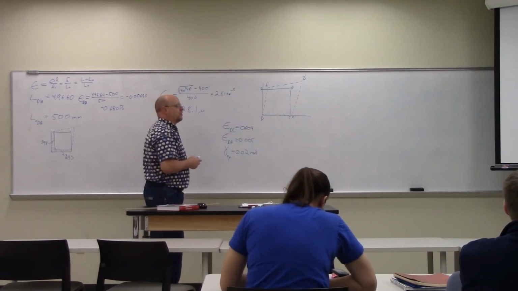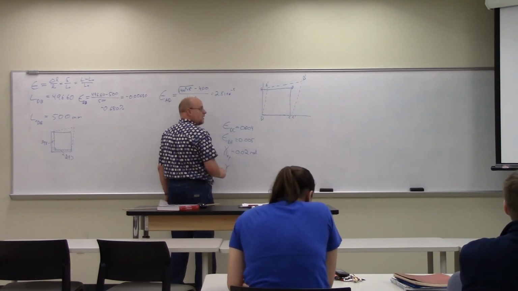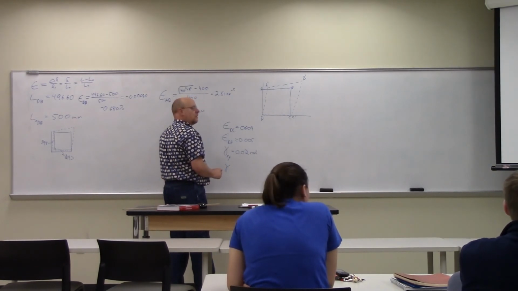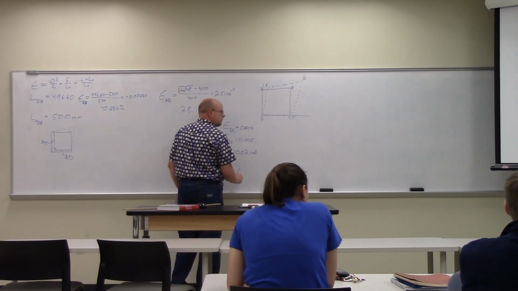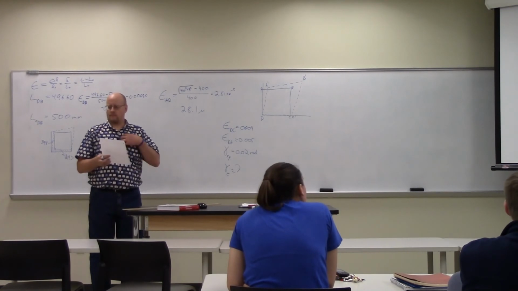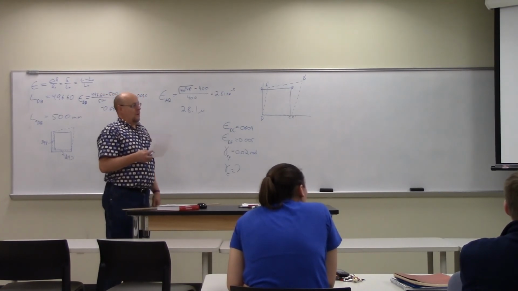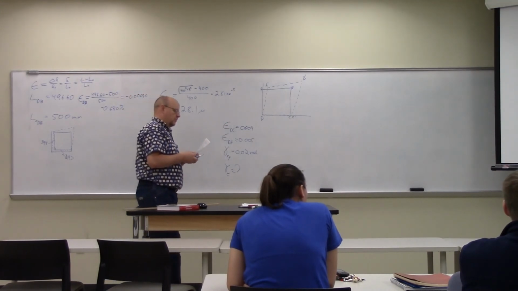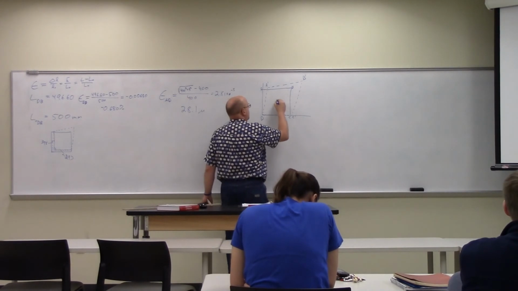So determine the shear strain at point E, so we're supposed to find the shear strain at point E with respect to the X prime and Y prime axis. Okay, so does everybody understand? Here, point E's in the center.